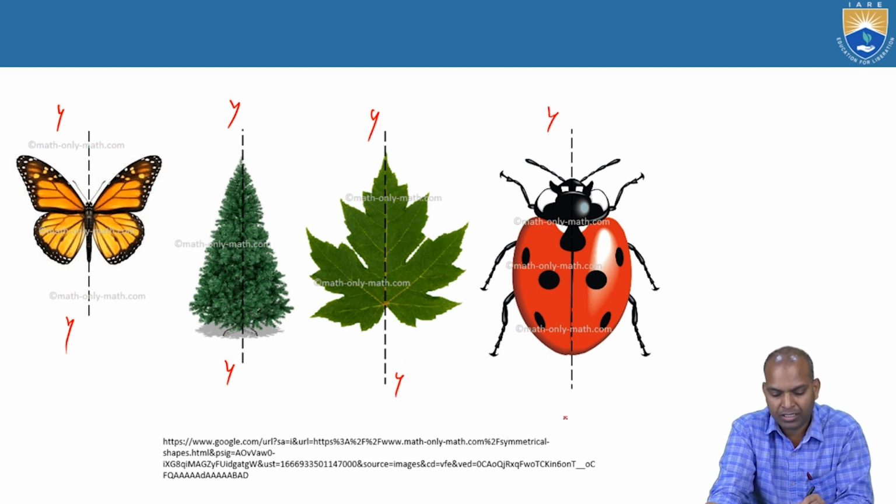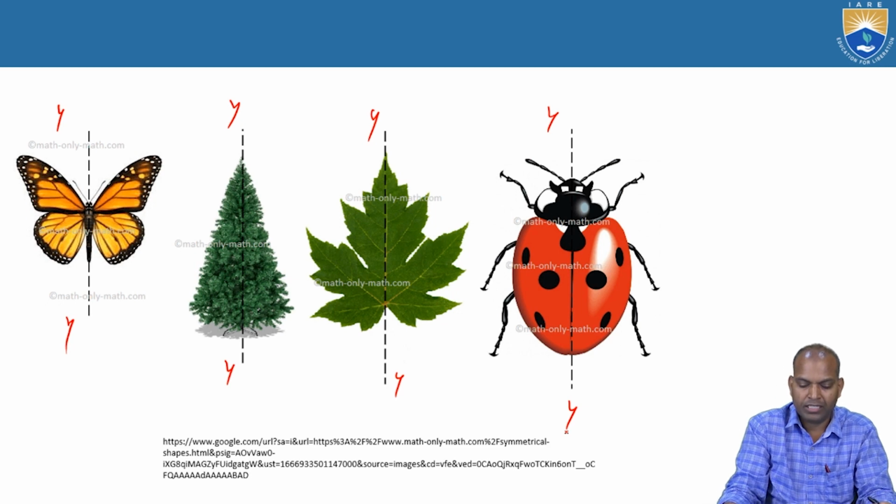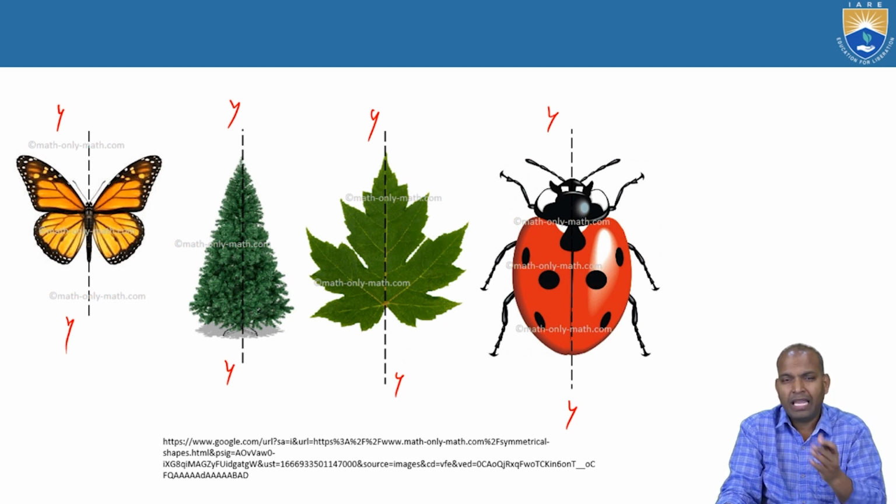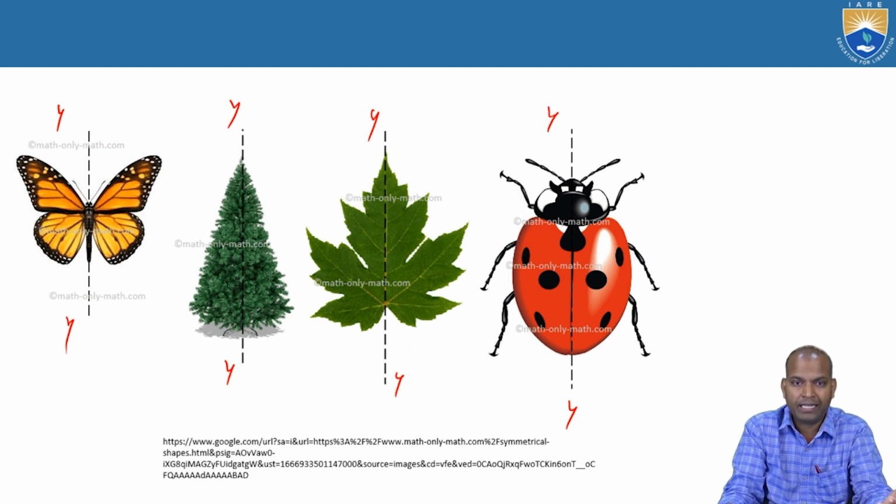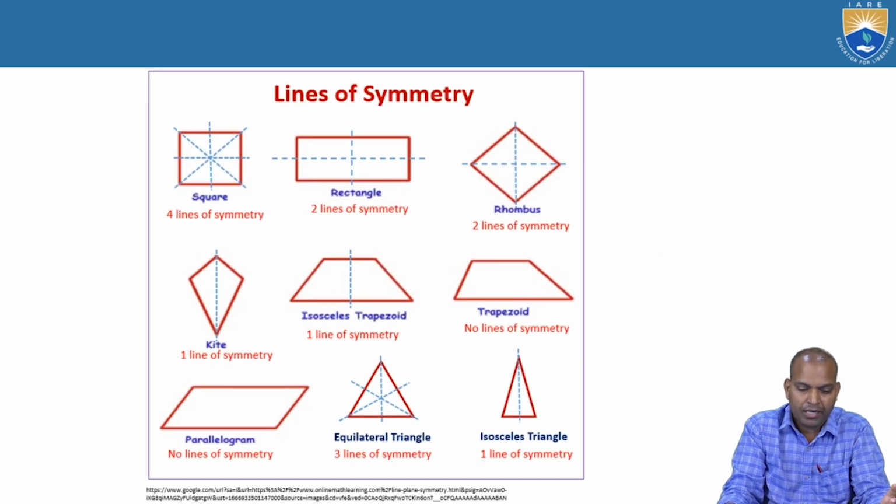The bug is symmetrical about the vertical axis. Similarly, our faces are also symmetrical about the vertical axis. If it is unsymmetrical, then in the case of human beings, we consider it a handicap; it is not beautiful, it looks ugly. Now, coming to lines of symmetry, these are the various lines of symmetry.